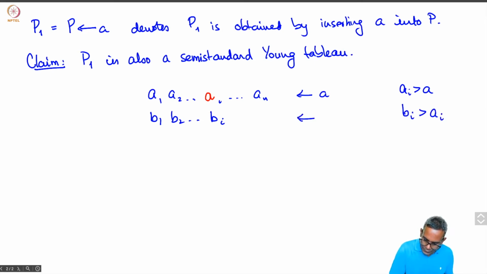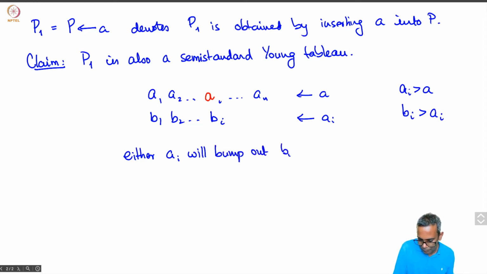So when we insert A_i here, then what will happen is that this B_i is already greater than A_i. So either A_i will replace, or should we say bump out, B_i or something to the left of B_i.